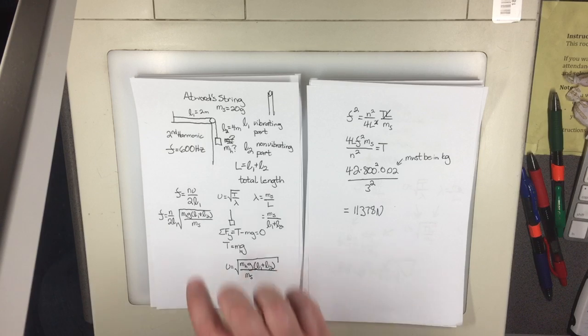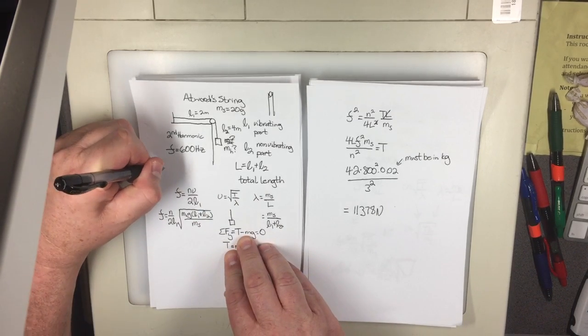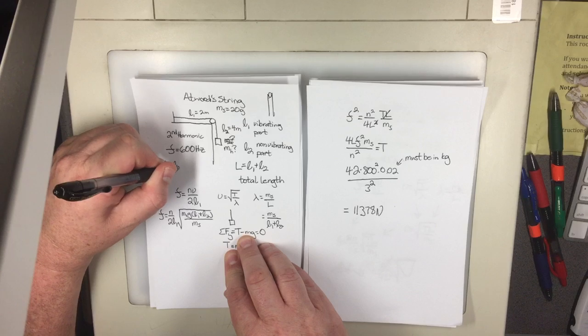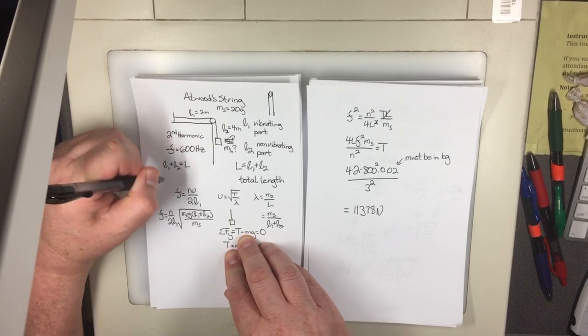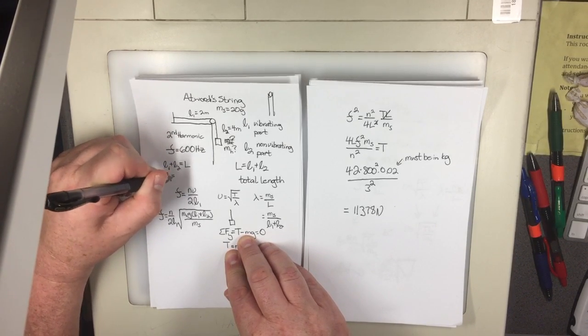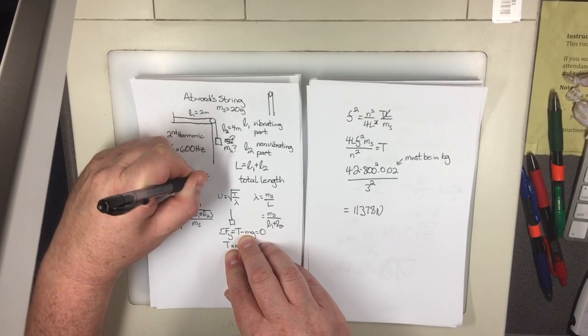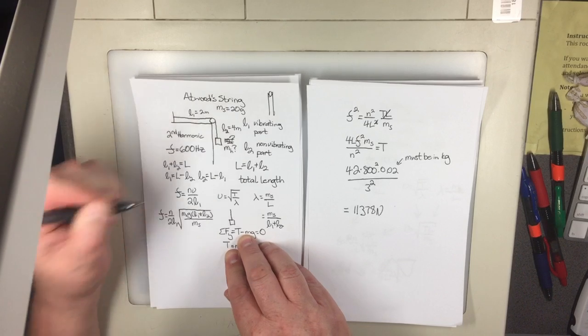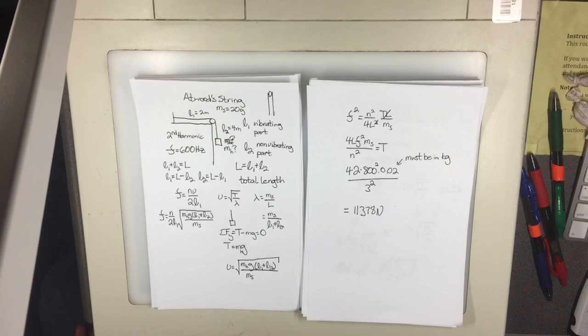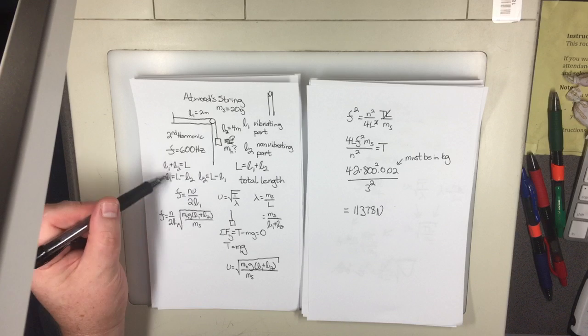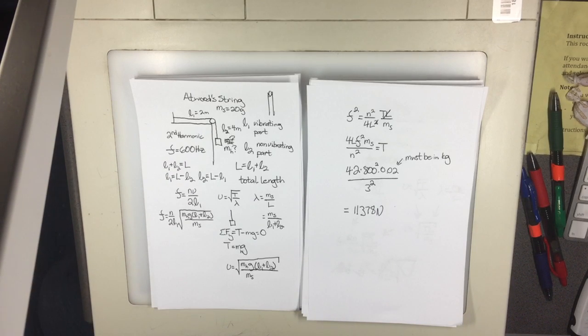The relationships that you need are that L1 plus L2 is equal to big L, and you can also say that L1 is equal to L minus L2, or that L2 is equal to L minus L1. So you may end up having to know these and plug them in.